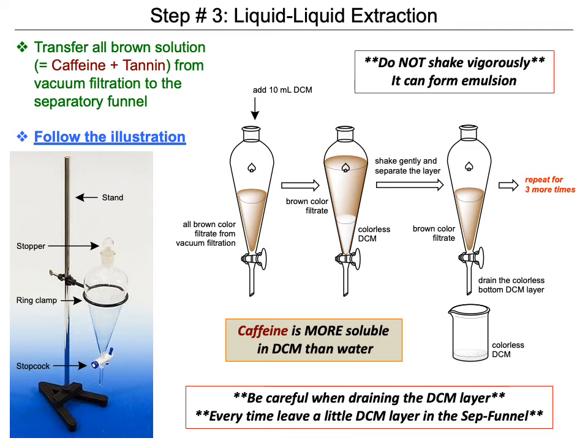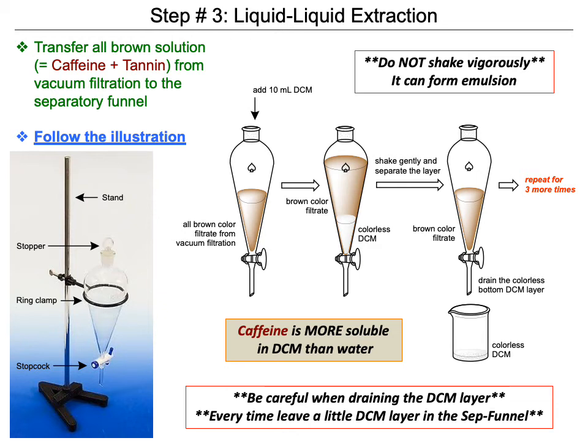In each step, after separation of the DCM from the water, we take out the DCM phase, and then again repeat adding pure DCM into the solution, shake, wait, and extract. So we are taking out all the DCM.